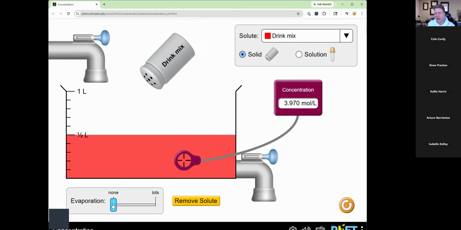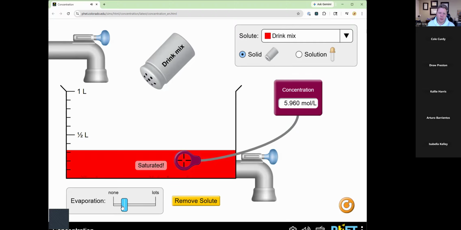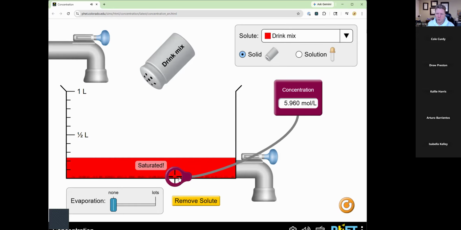Because when this solution evaporates, all that's really leaving is the water, the solvent. The solute, the drink mix, is not going to evaporate. So I'm going to adjust this. Notice that concentration goes up. At some point, that solution will become saturated, which is what you're seeing at the bottom here, little crystals of that drink mix.